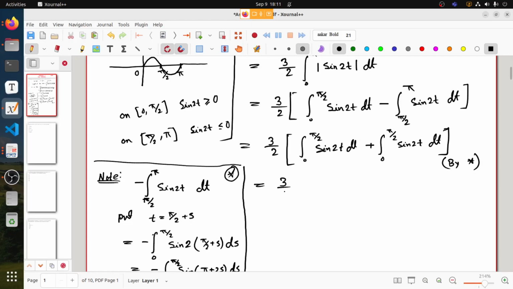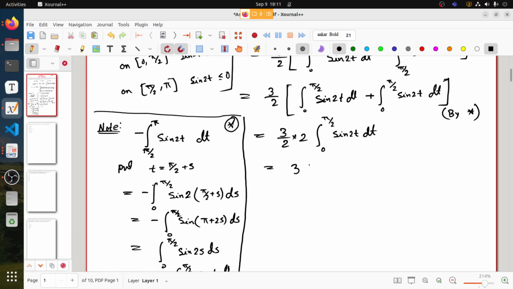So we get 2 times, because both are the same, so we get 2 into the integral from 0 to pi by 2 of sine 2t dt, right?